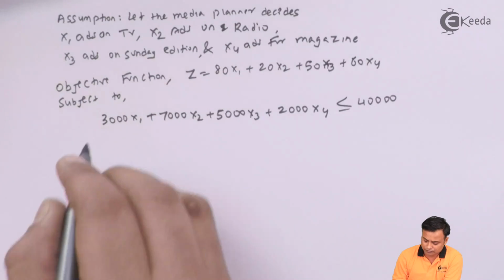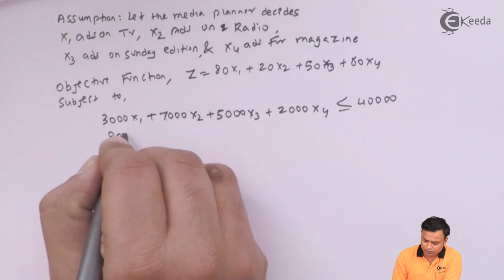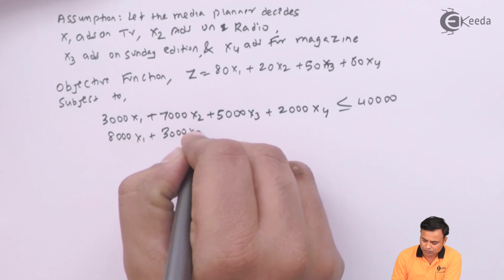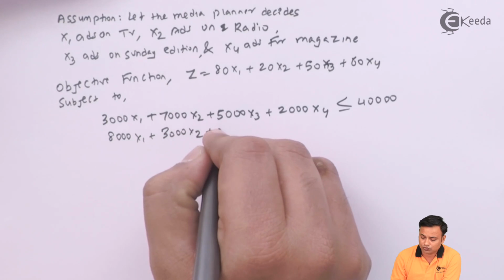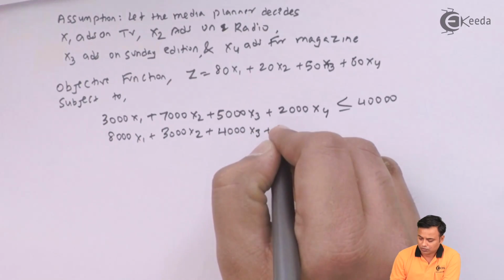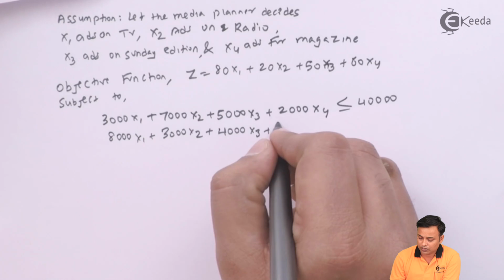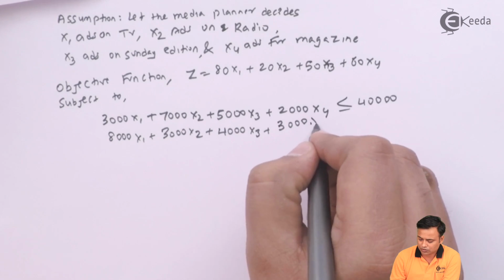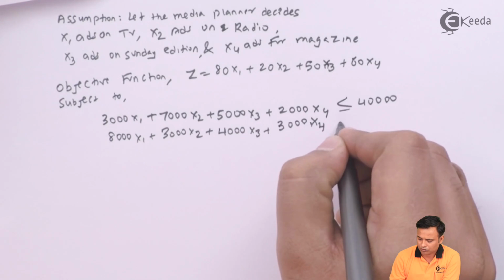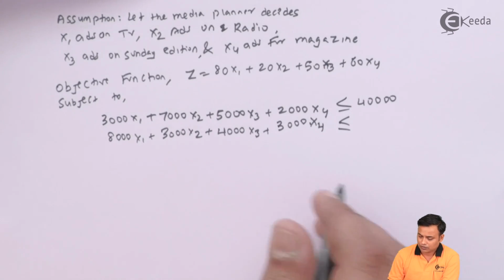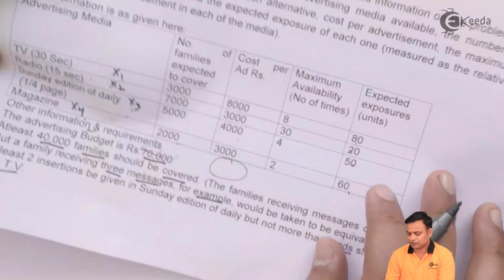It will become 8000 x1 plus 3000 x2 plus 4000 x3 plus 3000 x4 less than or equal to 70,000.